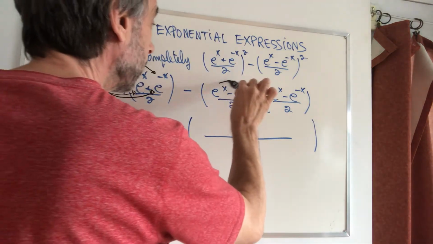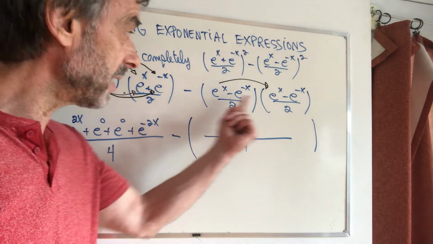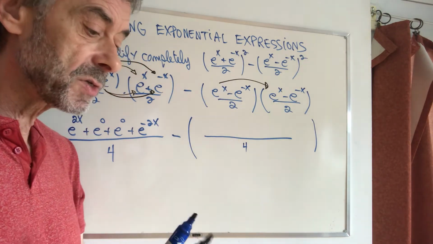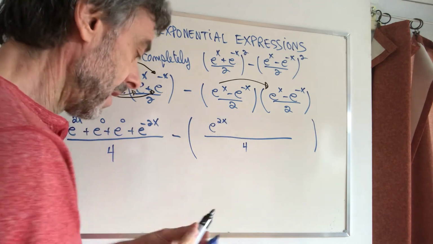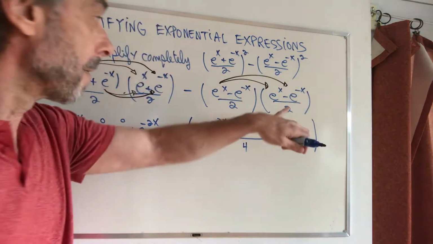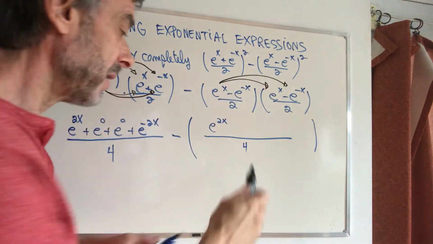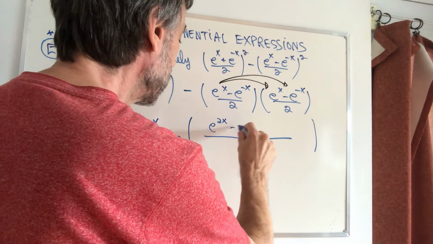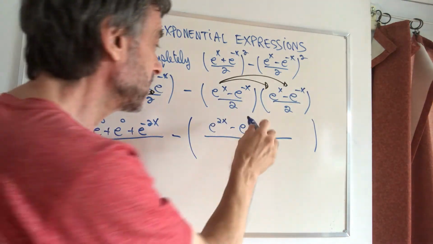Let us FOIL. E to the x times e to the x. Same base. We add the x's, 2x. E to the x times minus e to the minus x. So a plus times a minus, that's going to give me a minus, and that's going to be e to the what? X plus minus x, 0 again.